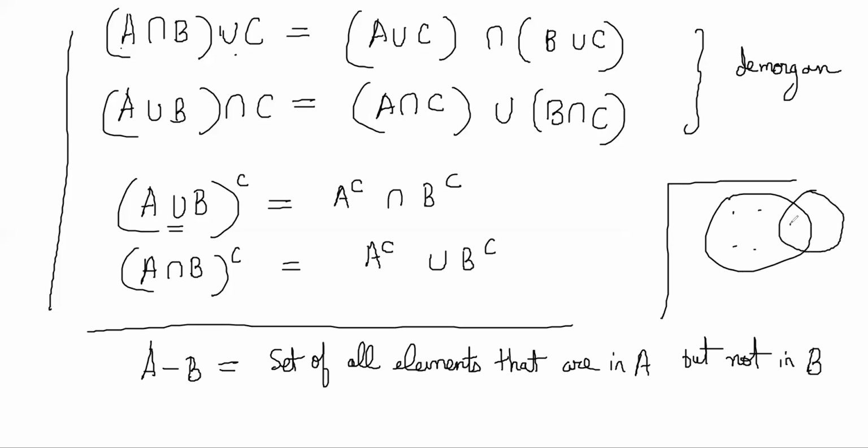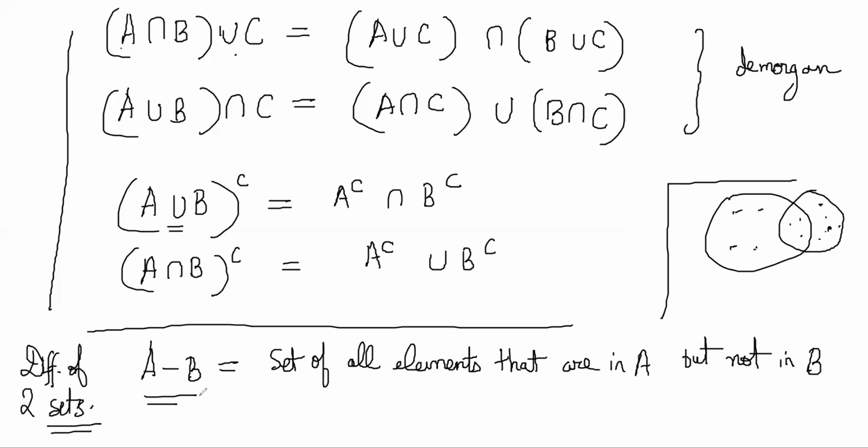This is some elements, right? So these four will be A minus B. They are in A but not in B. A minus B is defined like this. This is called difference of two sets.